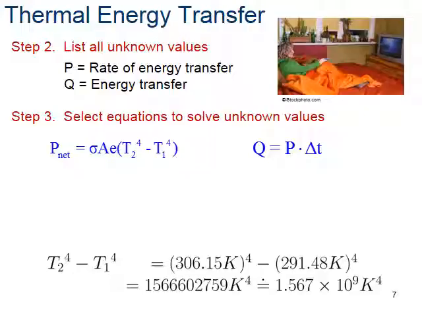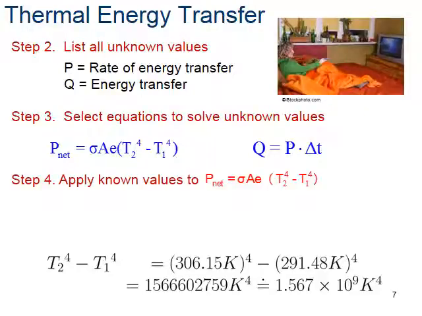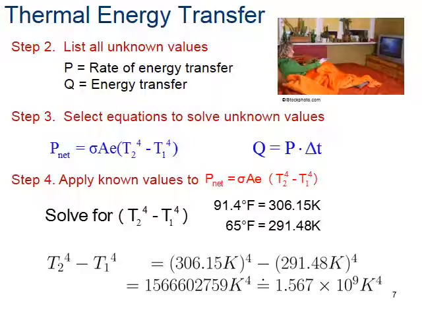So one of the first things we want to solve for is that quantity of T2 to the fourth minus T1 to the fourth. And when we do that, we get 1.567 times 10 to the ninth.